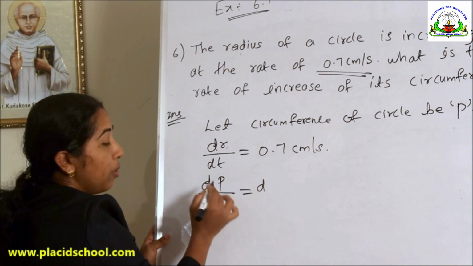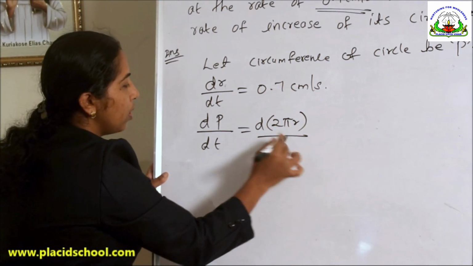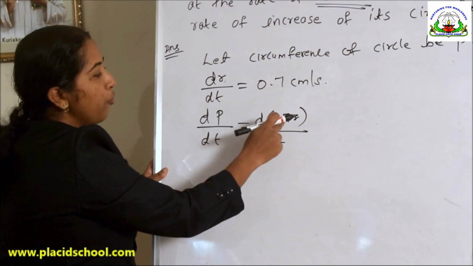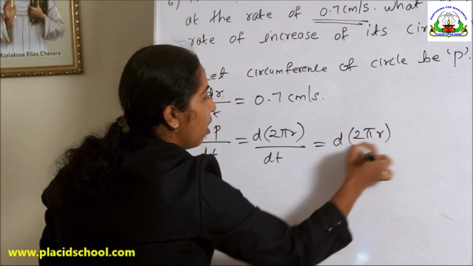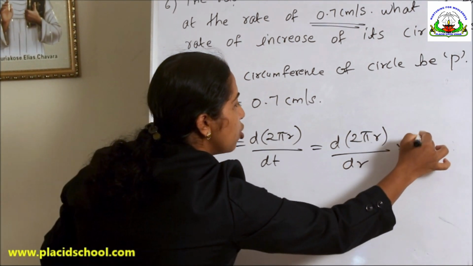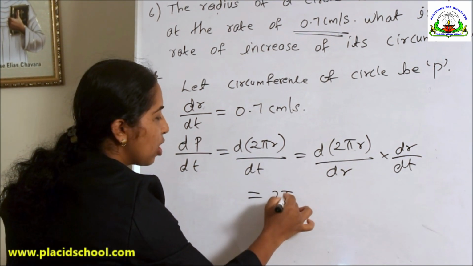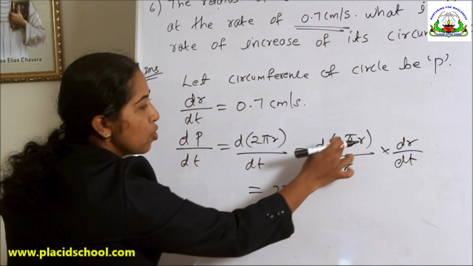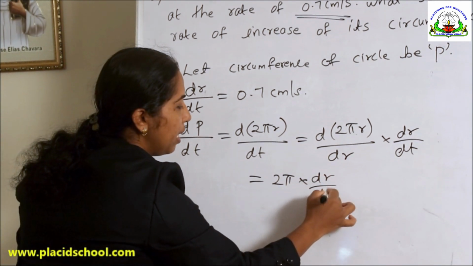Now, the formula to find circumference is 2 pi r. So this is the derivative of 2 pi r with respect to t. This is the derivative of 2 pi r with respect to r into dr by dt. Differentiating, 2 pi is a constant, the derivative of r is 1. So the derivative of 2 pi r is 2 pi into dr by dt.